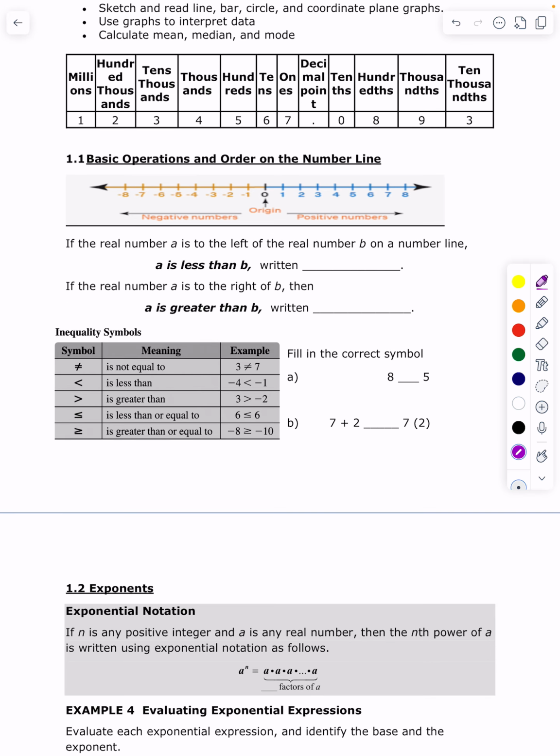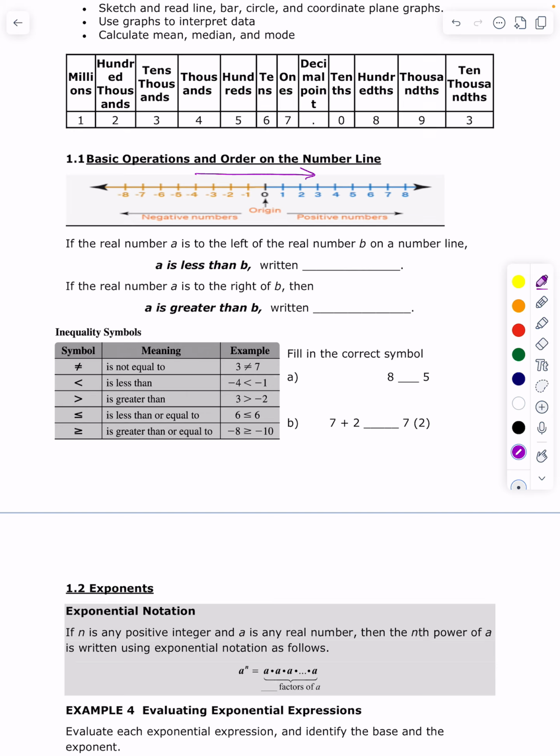As much as this makes sense, sometimes it's the symbols that don't. So we know that as we move to the right on the number line, numbers get bigger. We know that 2 is bigger than 1 and 3 is bigger than 2.